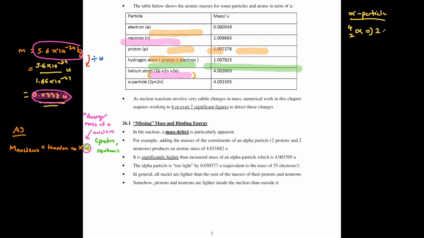It consists of 2 protons and 2 neutrons. So these are the constituent particles that make up your alpha particle. Imagine you have 2 neutrons and 2 protons, and you're supposed to combine them together to get an alpha particle.